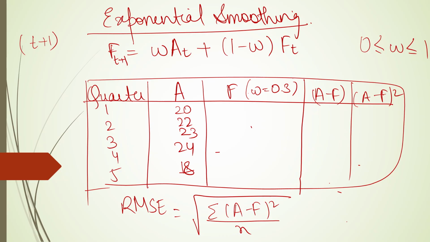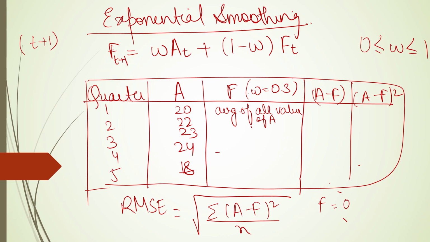Now, you may be asking how to calculate the first value as we don't know any previous value. So what we'll do? The average of all values of A will be our first value. Now, after this, you calculate using the formula.